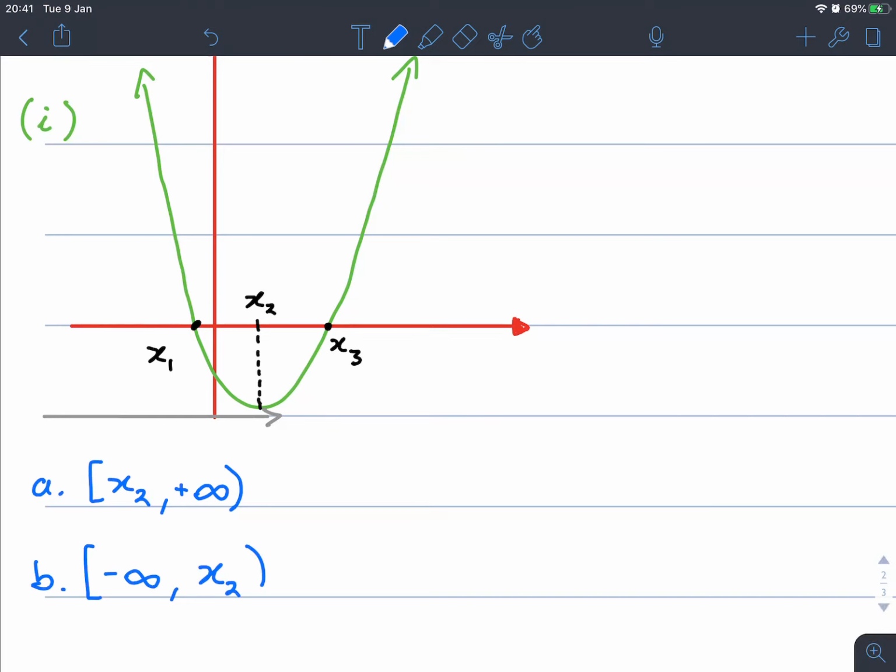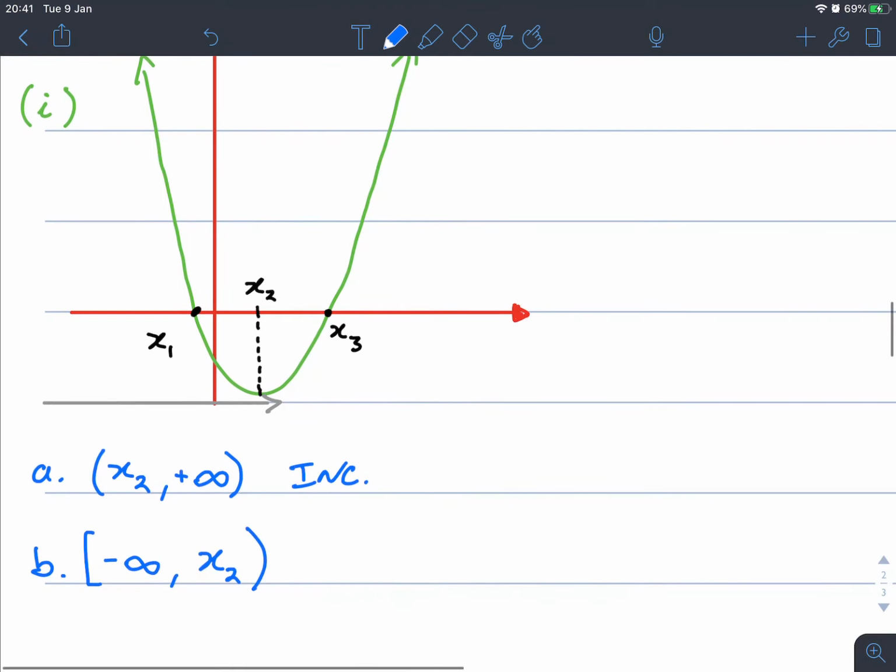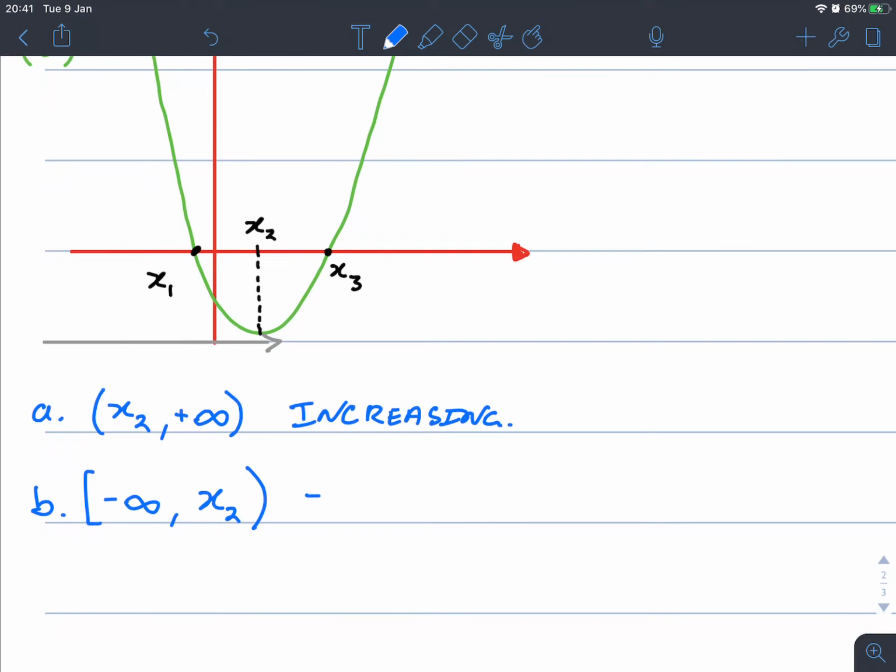Oops, that should be a curve, sorry. So it is increasing from x2 onwards, and it is decreasing from negative infinity to x2.